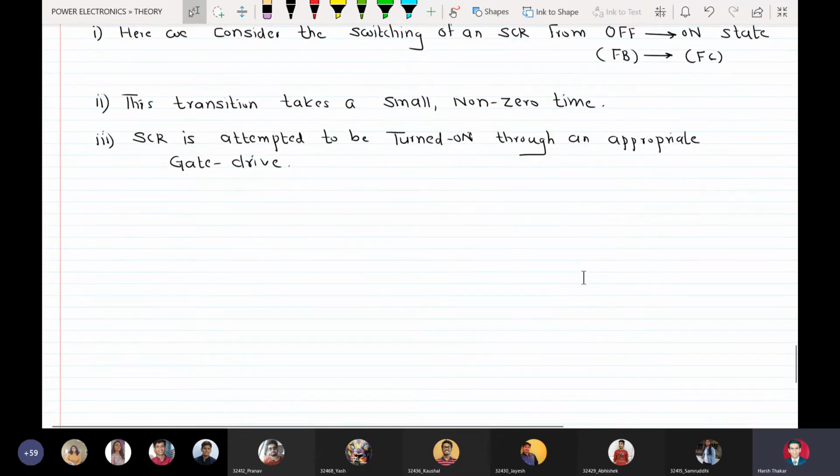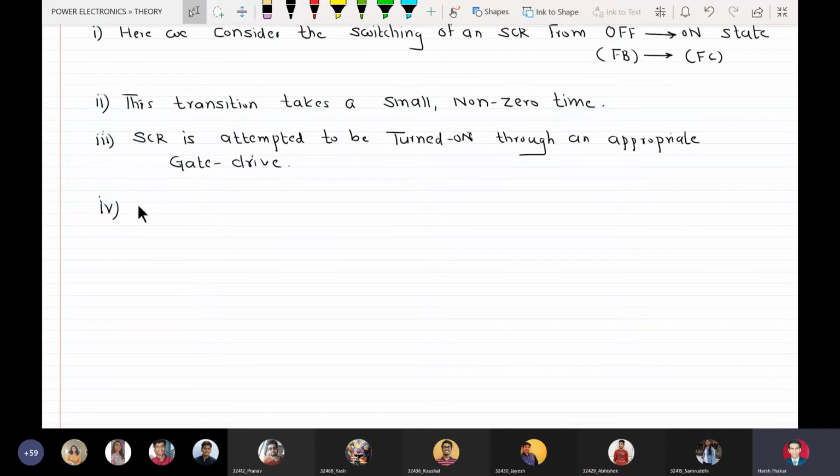Okay, so we are not going to have an SCR latch with VAK greater than breakover voltage, but we want to fire it, we want to latch it at an anode to cathode potential much lesser than the breakover voltage rating of the SCR.